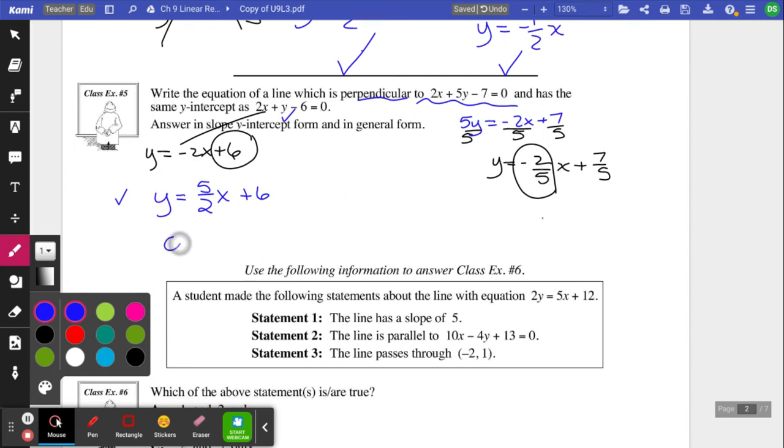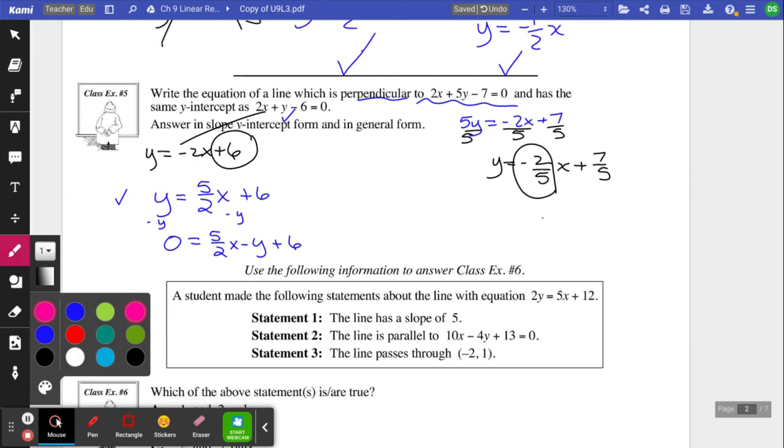So I'm gonna say 0 equals 5/2x minus y plus 6. Y'all understand? I just subtract the y from both sides, and I write it in the middle. Almost done. I can't have a fraction, so I must times it all by 2, both sides.